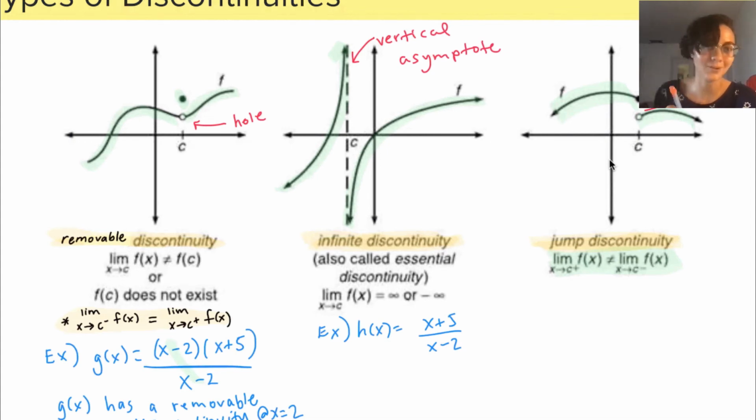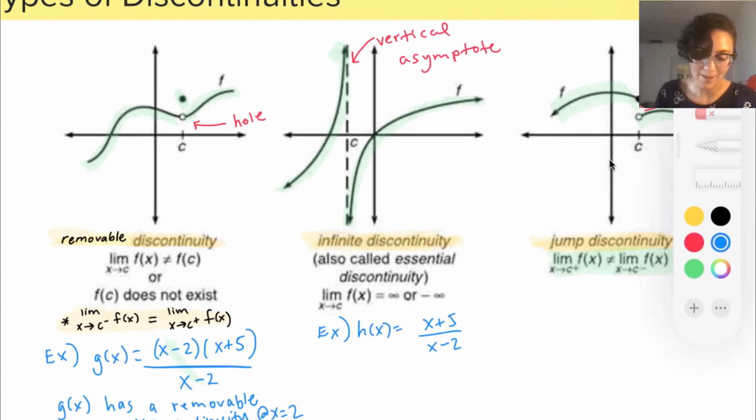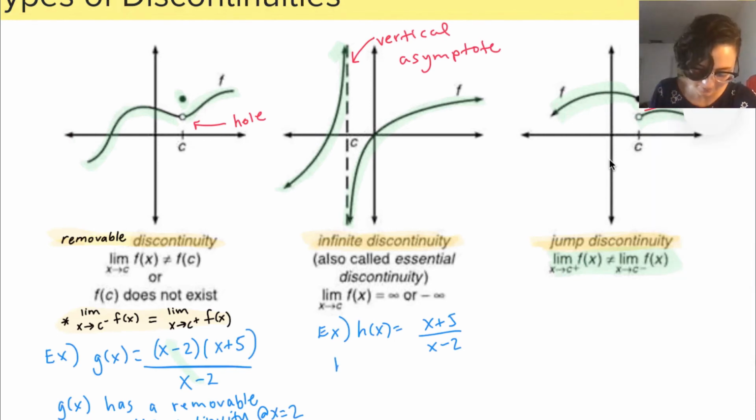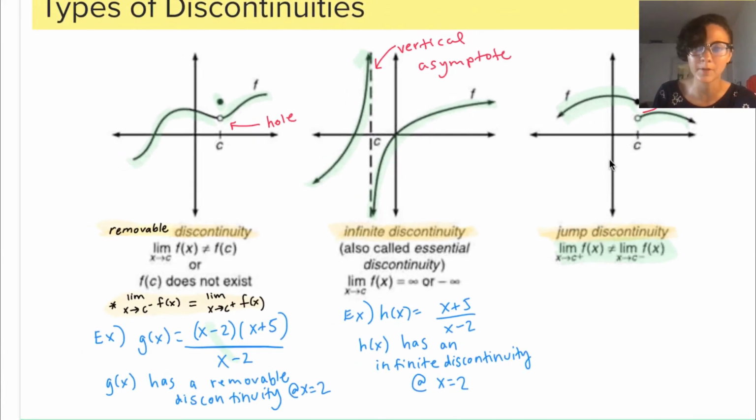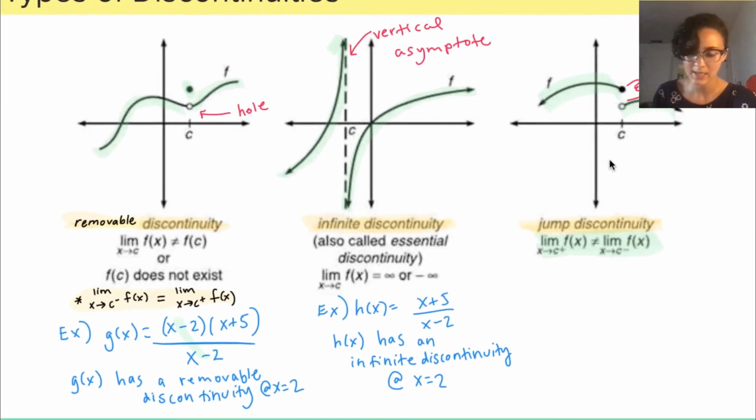So there's a vertical asymptote at x equals 2, which means there is an infinite discontinuity at x equals 2. Okay, so these two you should be a little familiar with from our work with limits.